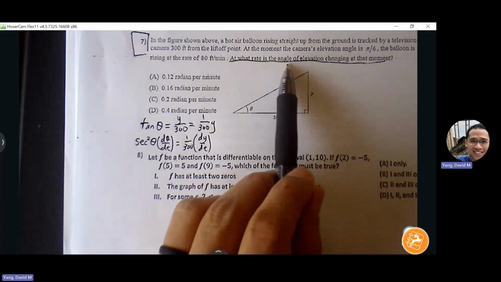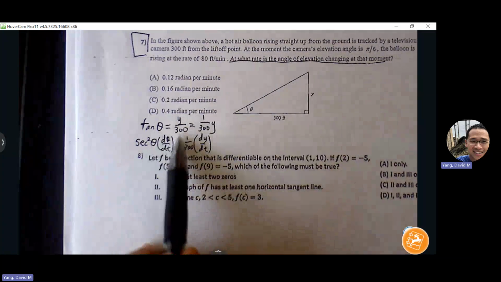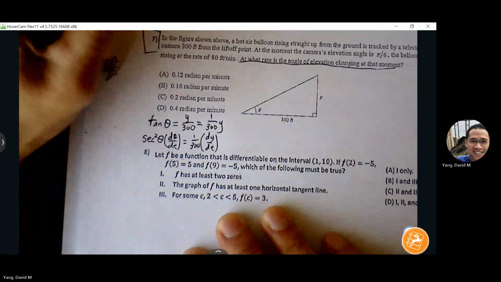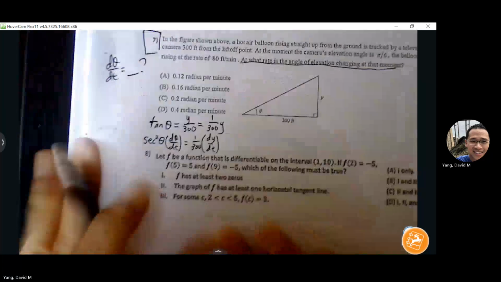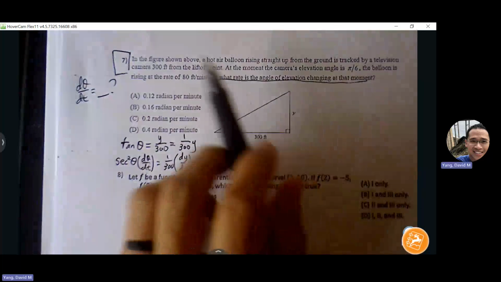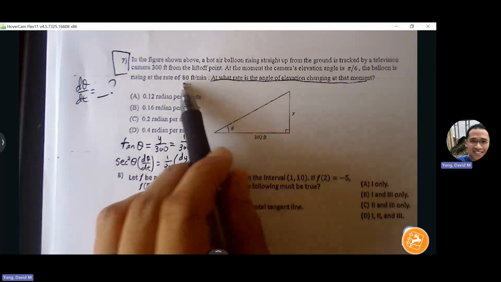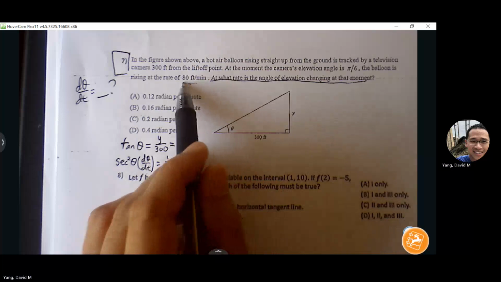At what rate is the angle of elevation changing? So we're looking for d theta dt. That's our ultimate goal for this problem. We know that the balloon is rising at a rate of 80 feet per minute. What do you think that's referring to? dy dt.